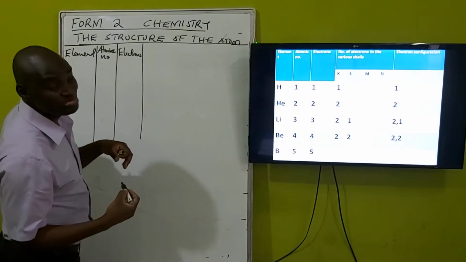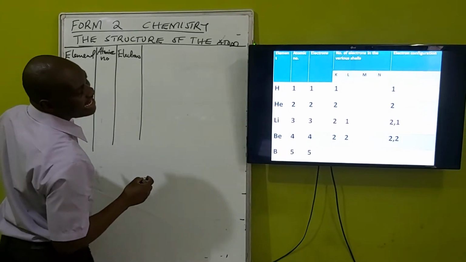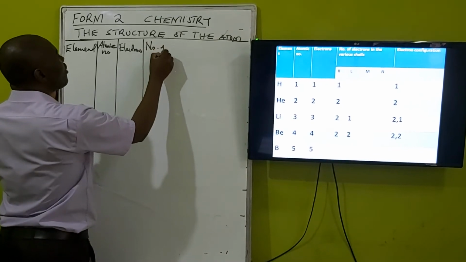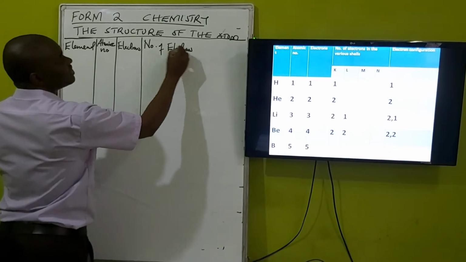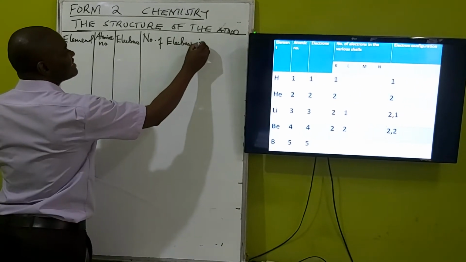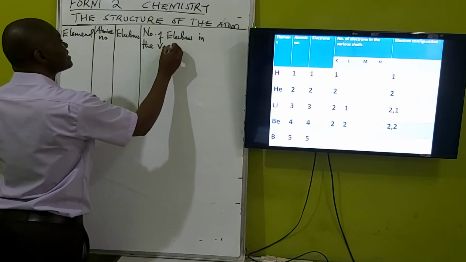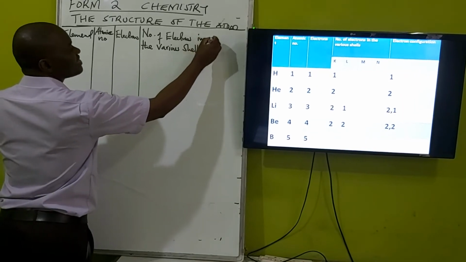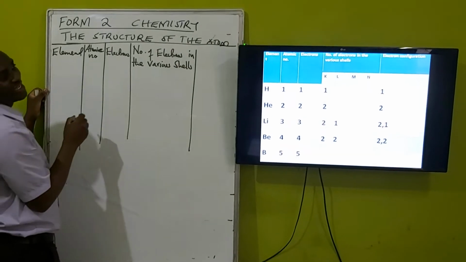I'm going to ignore protons and neutrons. And then we are going to come up with the number of electrons in the various shells or energy levels.